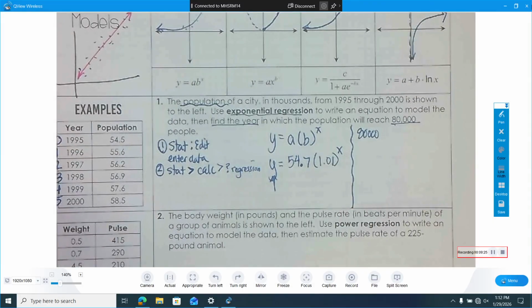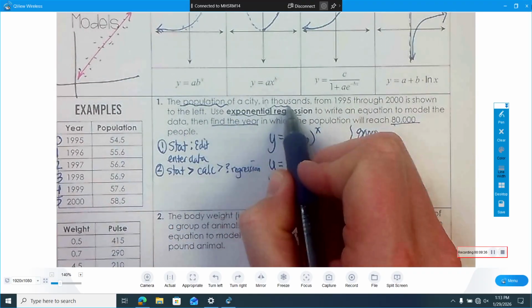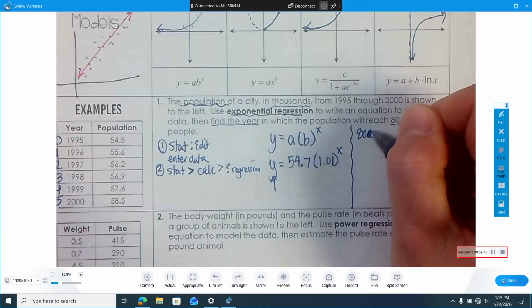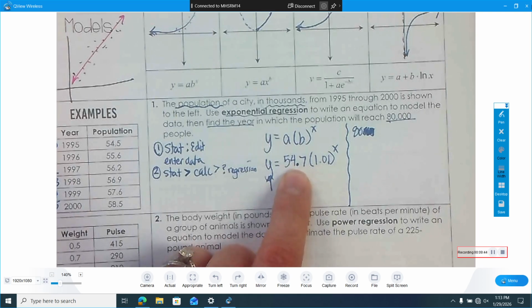Should I use 80,000? The population of a city is in thousands, so just use 80. We have to be careful. This 54.7 isn't 54 people.